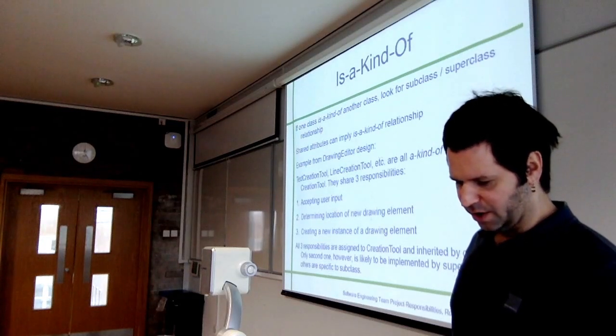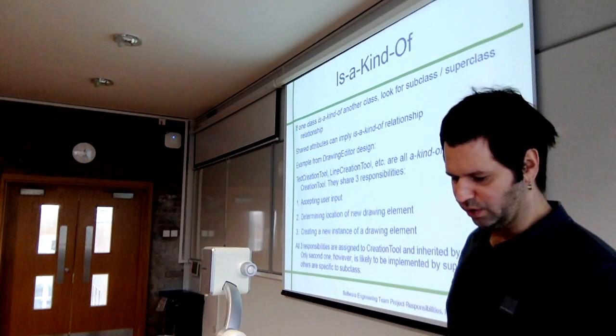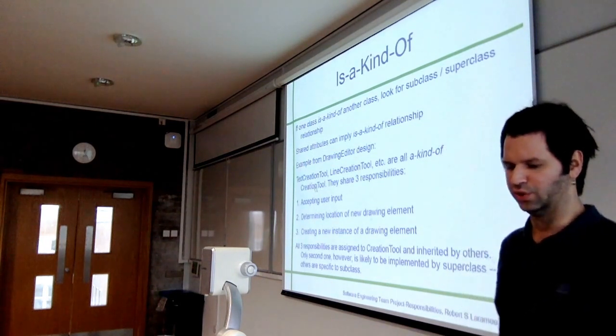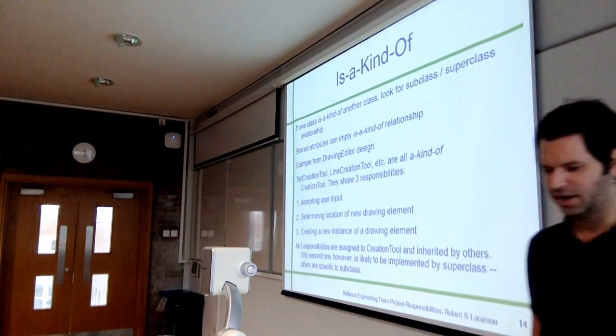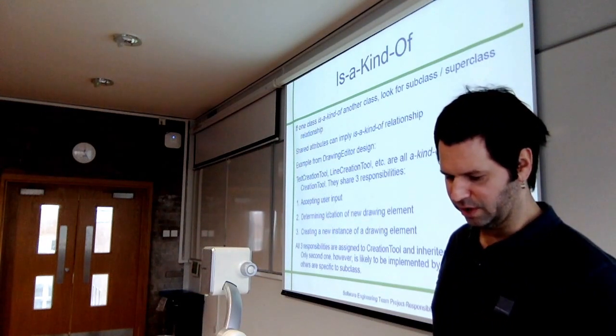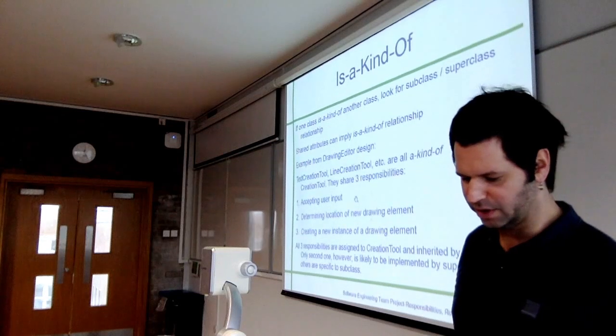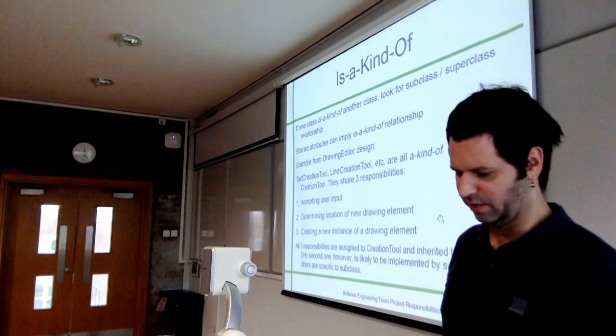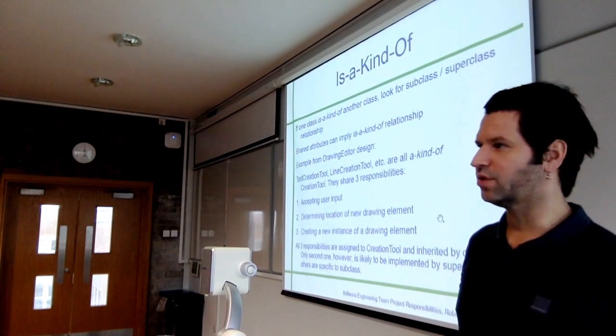From the drawing editor, we could have a text creation tool, a line creation tool, and there are all kinds of creation tools. They share 3 responsibilities: accepting user input, determining the location of a new drawing element, and creating a new instance of a drawing element, the constructor.